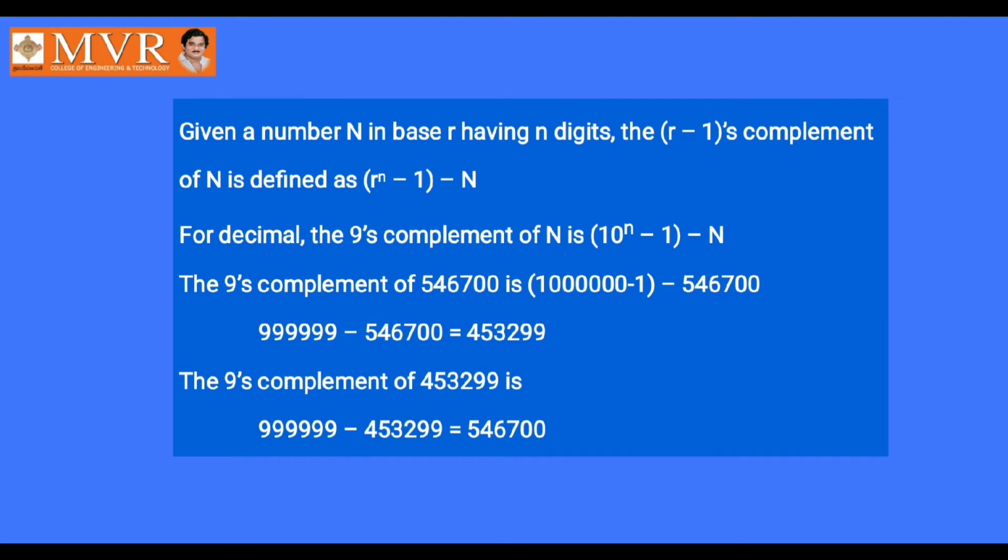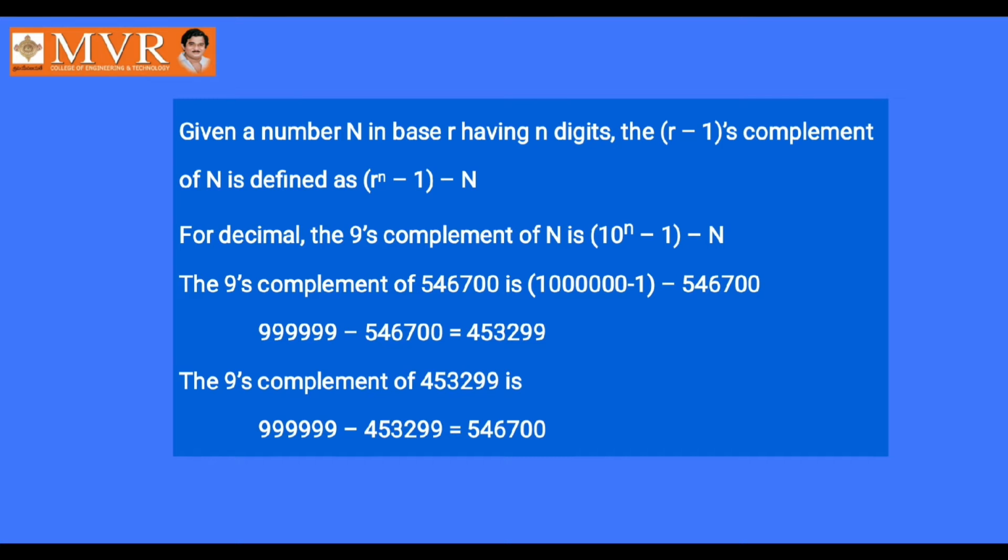See, simple. By using that formula, I am going to calculate the r minus 1's complement by taking one example. The example I have taken is 546700. I want the 9's complement for 546700. So here the original number is 546700.